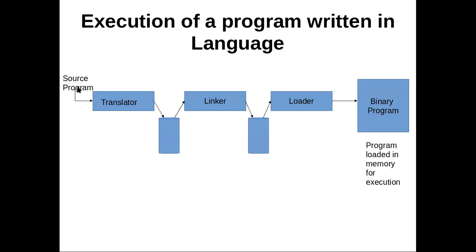First, we will give our source program to the translator or assembler, and it will convert the source program into the corresponding machine language format. So translator is nothing but your assembler. We have already seen the function of an assembler. Assembler will convert the source program into a machine language format.